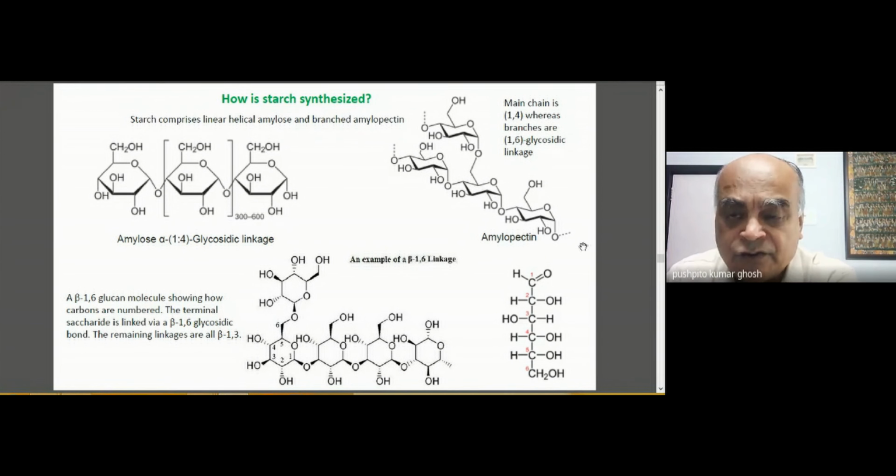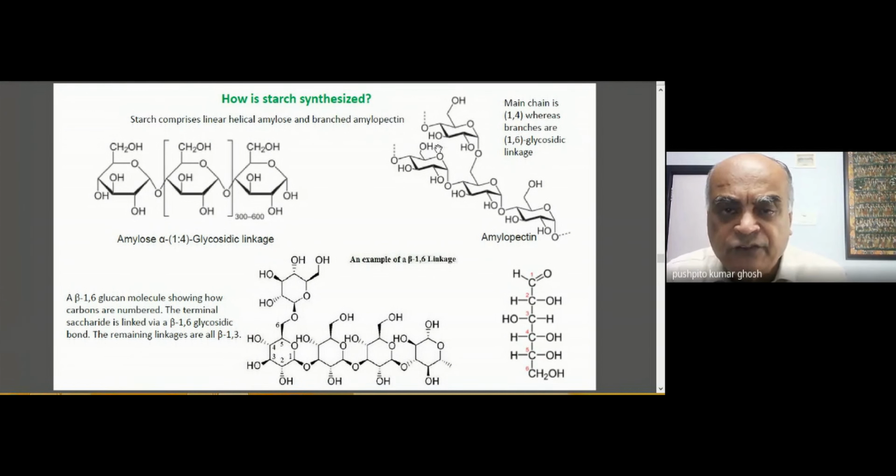This is fairly easy to break down, and that's why after sugar, starch is preferred as a raw material. Many grains are now being considered for producing ethanol from rotten grains, because starch can be easily broken down.